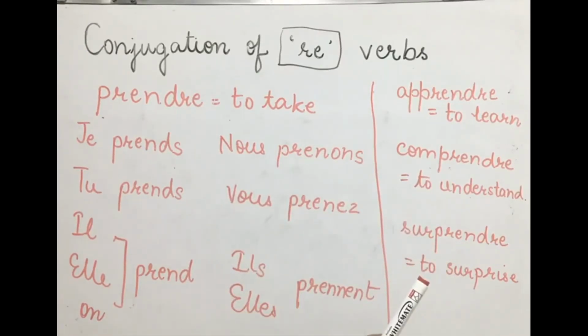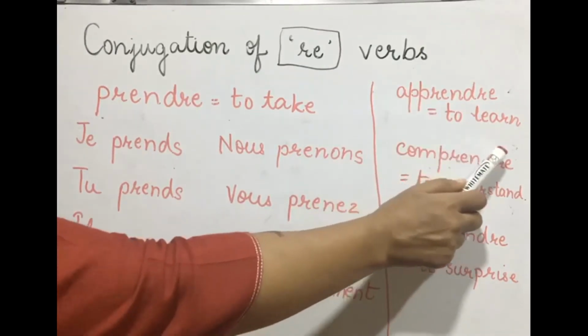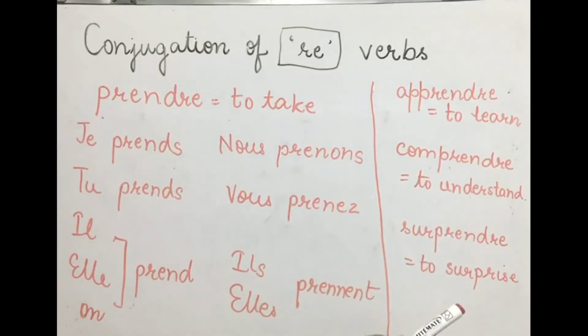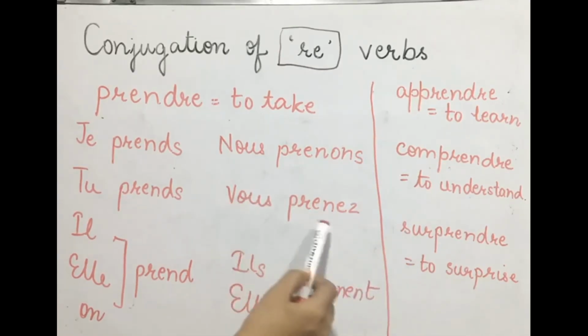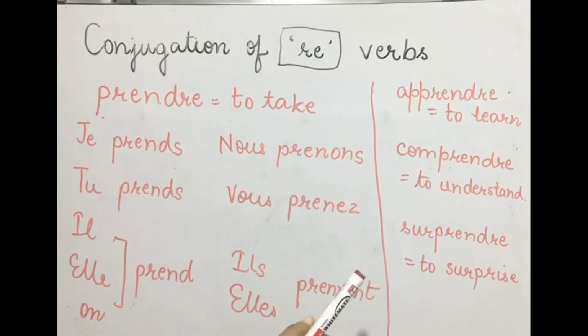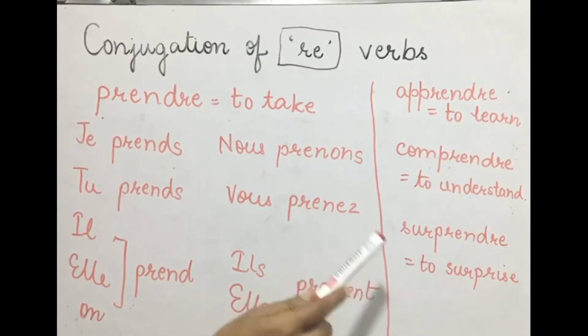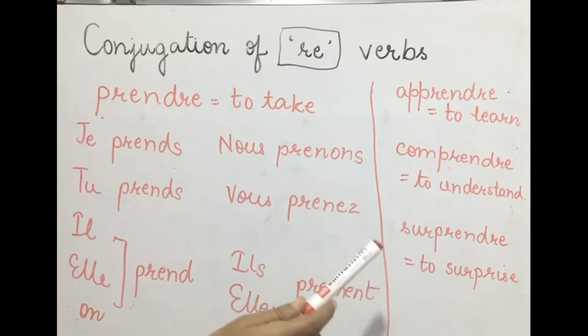We learn French. So apprendre means to learn, and comprendre means to understand. Okay. So I hope vous comprenez la leçon. You understand the lesson. Surprendre is to surprise. So these are few verbs which surprise you, and I think what surprises you is exciting. So don't give up. Keep practicing. You will start loving French.